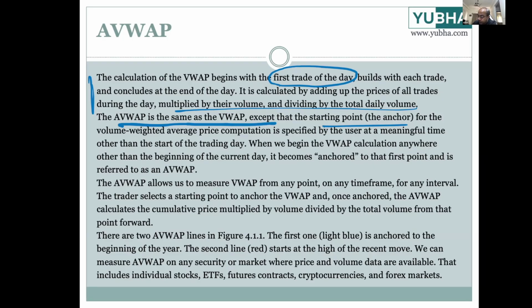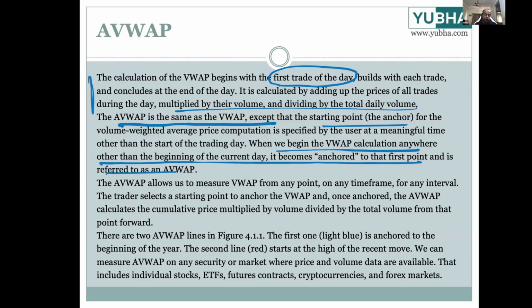Okay, so when we begin anchored VWAP calculations, what happens is that it gets anchored to the first price point, and that is referred to as the anchored VWAP. In part two of this chapter, what we'll see is how do we determine where to place the first anchor. Okay, and there are some rules around that and the different things that it tells you. But really, it's nothing different from VWAP.